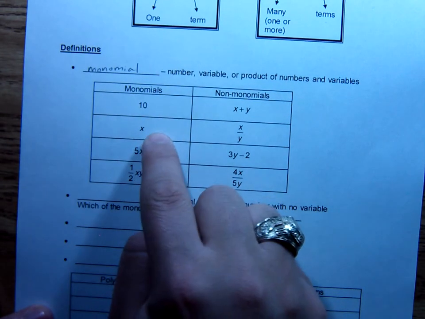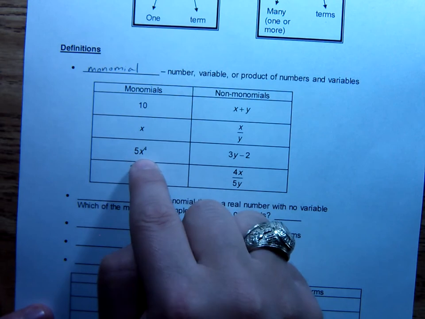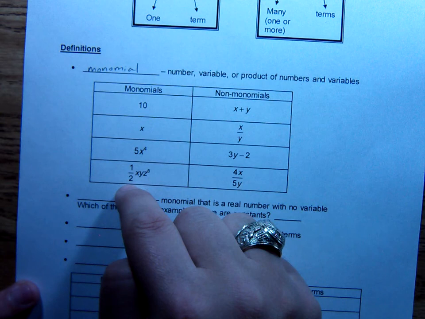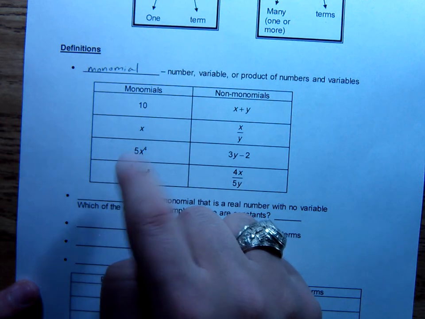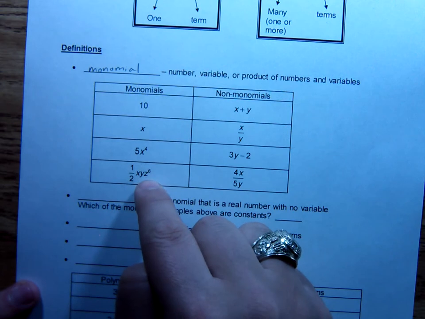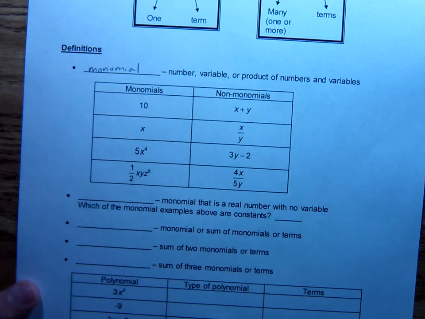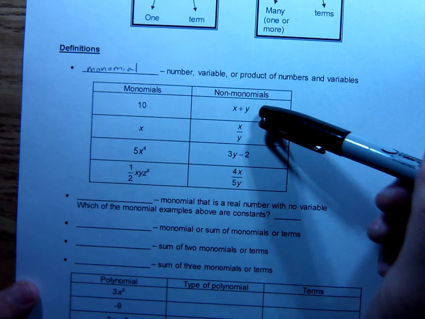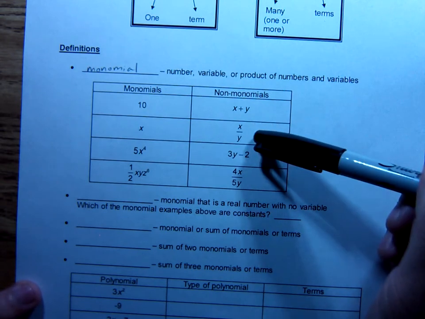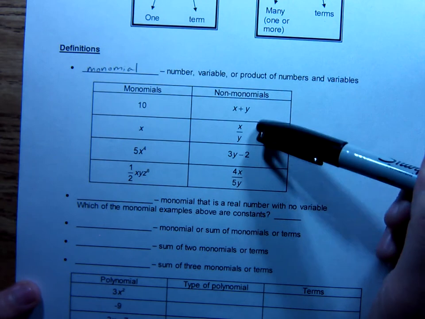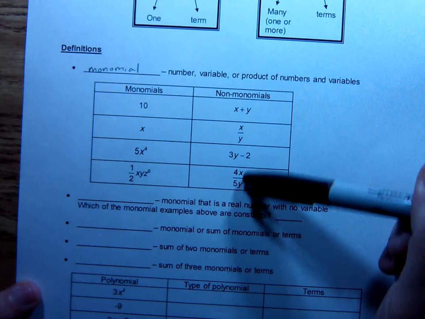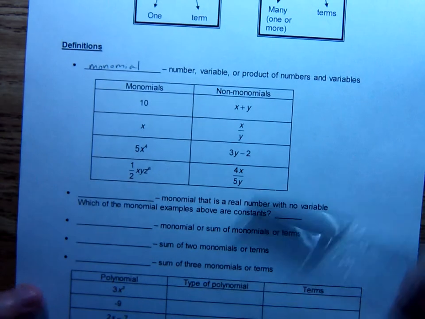Constant, single variable, product of a constant and a variable with an exponent. Here's a constant times a variable times another variable times another variable and an exponent. These are not monomials. That's a binomial because we're adding. That's not a monomial because we're dividing by a variable. We don't want to divide by a variable. This is a binomial. And again, we're dividing by a different variable here. So that's not a monomial either.